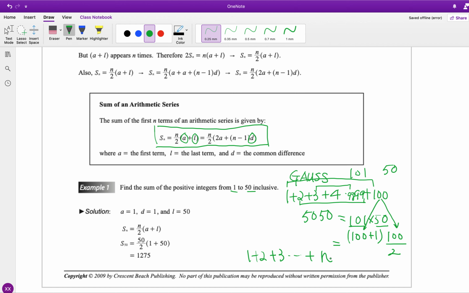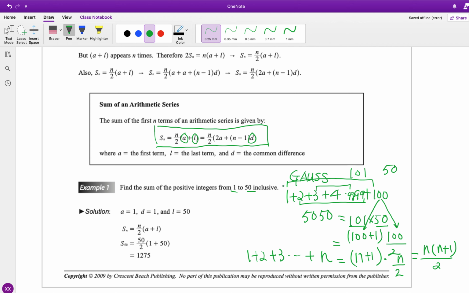So if it's from 1 to n, it is n plus 1 multiplied by n divided by 2. Organized a little nicer, it means n multiplied by n plus 1, divided by 2. So any consecutive natural numbers from 1 to n, added together, equal n times n plus 1, divided by 2.